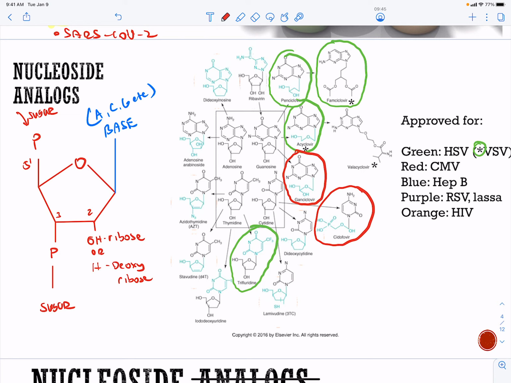And then we're going to have some, of course, for HIV. So those are going to be our orange guys. We have quite a few of those. This is HIV, is orange.